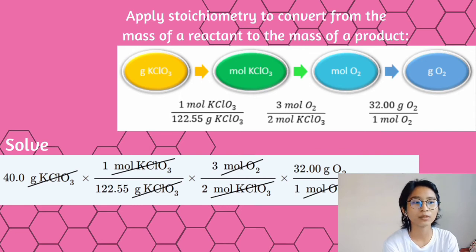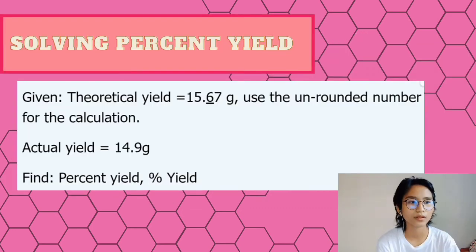We can see it as 3 moles of oxygen gas over 2 moles of potassium chloride. Lastly, we multiply it to the value of 1 mole of oxygen gas to grams, which is the equation 32 grams of oxygen gas over 1 mole of oxygen gas. It resulted in 15.7 grams of oxygen gas, which is now the value of the theoretical yield.